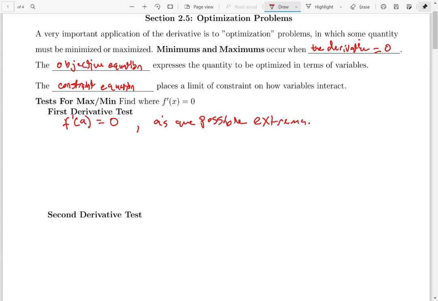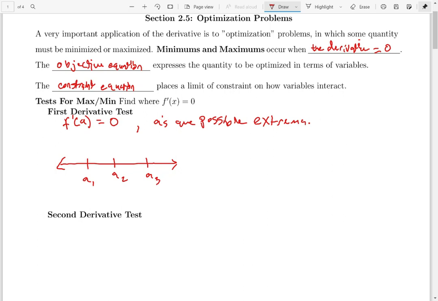Now there's two good ways to do it. You could use the second derivative test, but we'll mention that in a moment. The other way is to take the number line, cut it up, and put your a values here, let's say that you had 3 zeros. Pretend that a1, a2, and a3 are zeros of the first derivative.